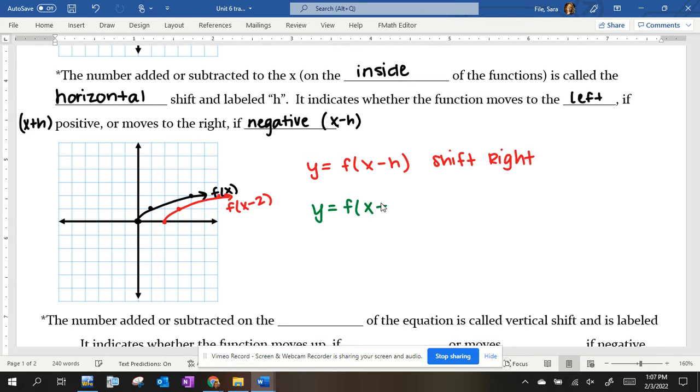If we had f of x plus h, that is going to be a shift left. That would be f of x plus 2. Does that make sense? So when it's a minus h, that's to the right. When it's plus h, that's to the left.